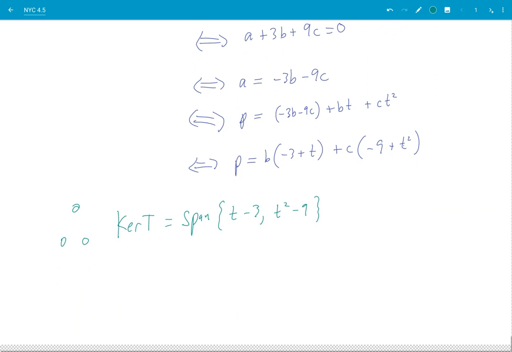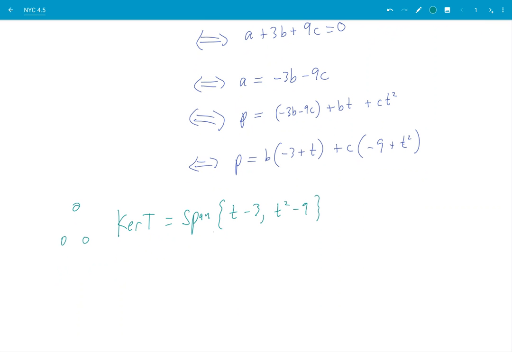Now, is this a basis? Is this set whose span is the kernel a basis? Yes, it is. I just need to check that it's independent.